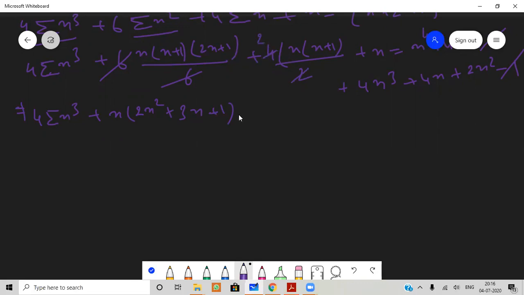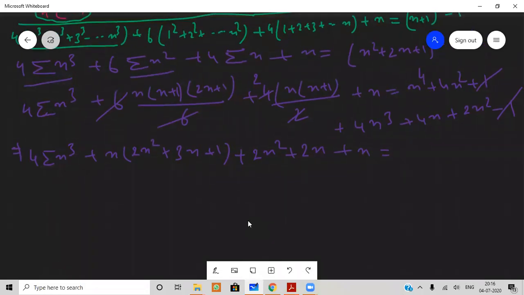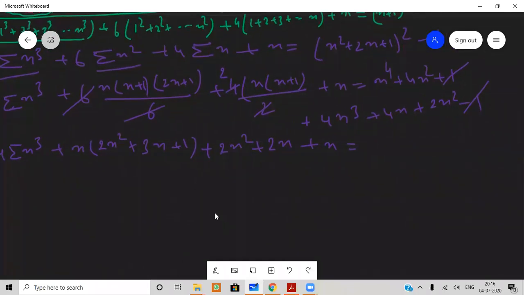Then you get plus 2n square plus 2n plus n is equal to, so the right hand side, what did we have? Yes, so let us write this.